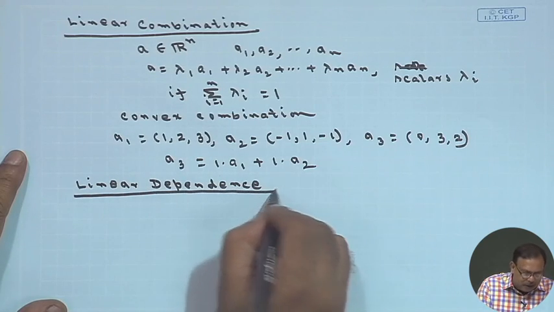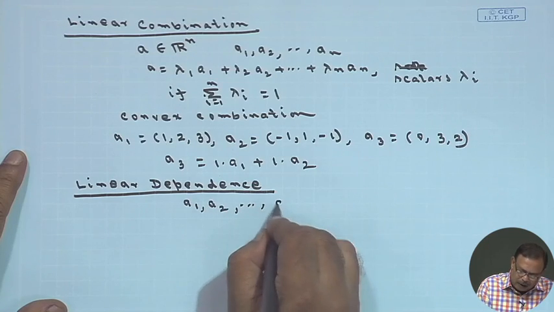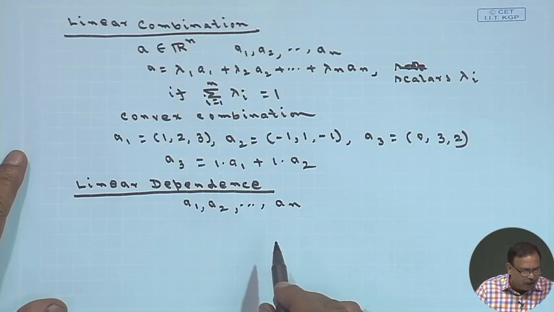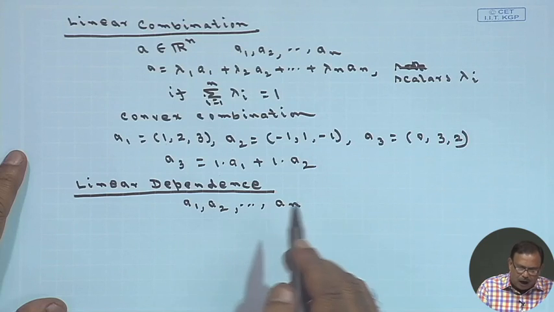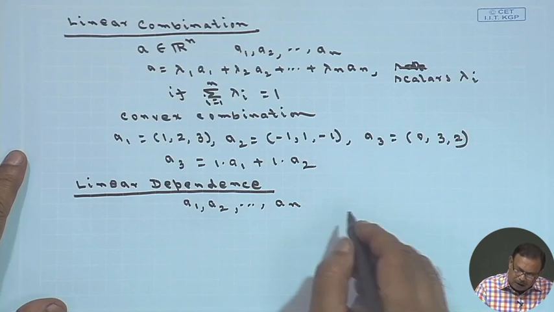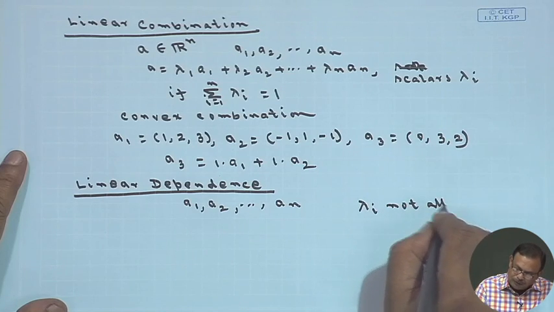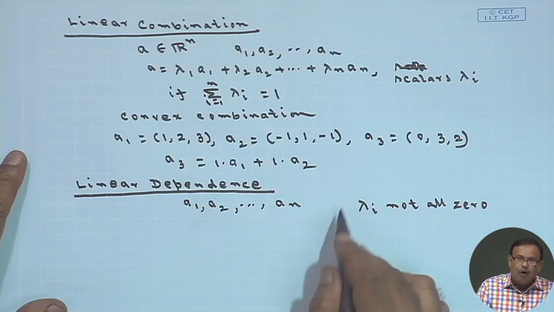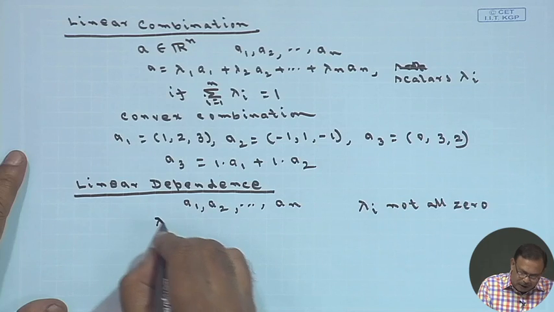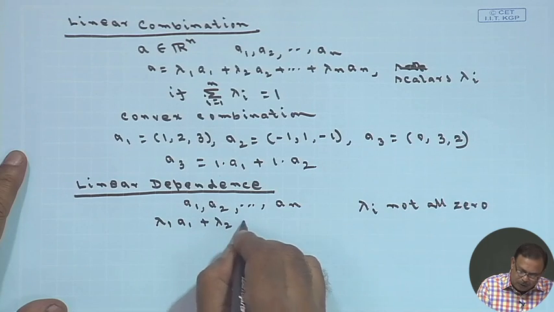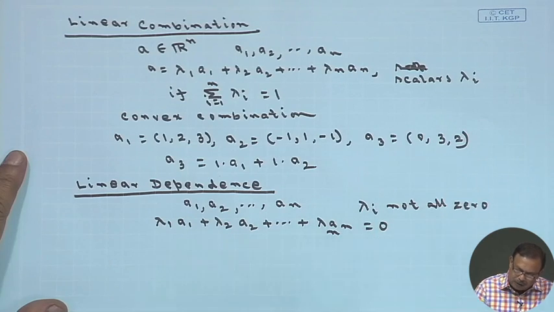Linear dependence. You have a set of n vectors A1, A2, ..., An, and I will say that this set of n vectors is linearly dependent if there exist some lambda i's, not all 0, such that lambda 1 A1 plus lambda 2 A2, and so on, plus lambda n An equals 0.